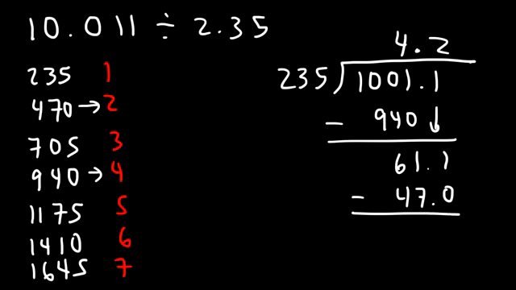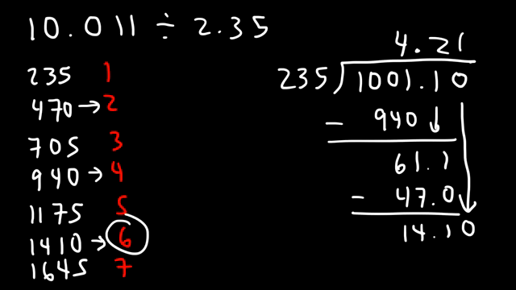And now let's subtract 47.0 from 61.1. And that's going to give us 14.1. Now let's bring down the 0. And so this becomes 14.10, but we're going to treat it as if it's 1410. So notice that 235 goes into 1410 exactly 6 times.